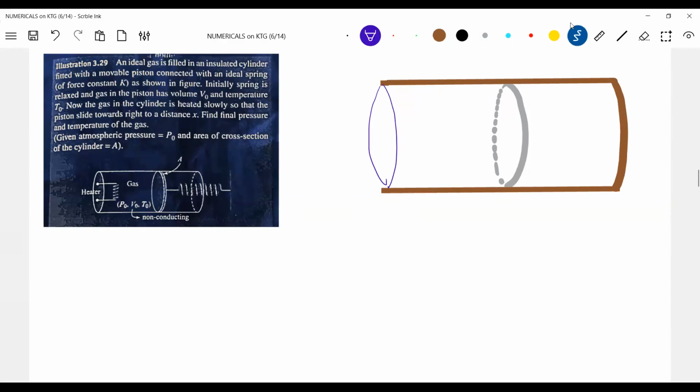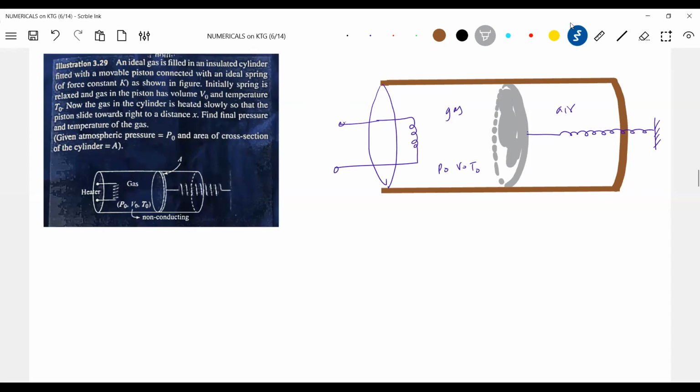We have a cylinder. On this side there's a gas, and this particular disk is connected to a spring. Able to understand? Here there'll be a gas with initial pressure, volume and temperature P naught, V naught, T naught. Now it's a disk, like a bicycle pump. You might have seen a bicycle pump.